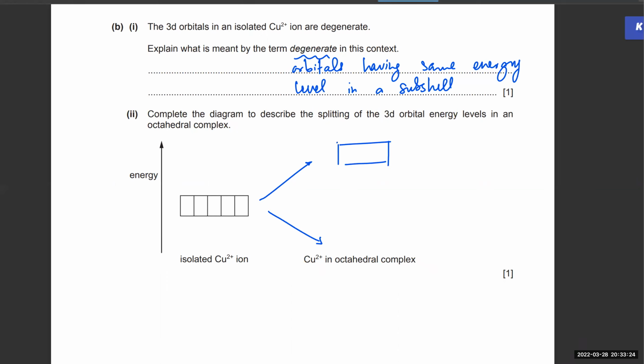So two of them go at a higher energy level, and three of them lower. This one is 3dx²-y², and this one over here is 3dz², while this one over here is 3dxy, they're between the axes. 3dxz, 3dyz.